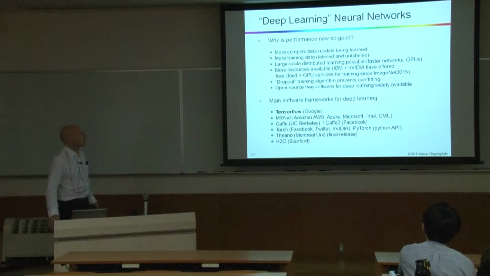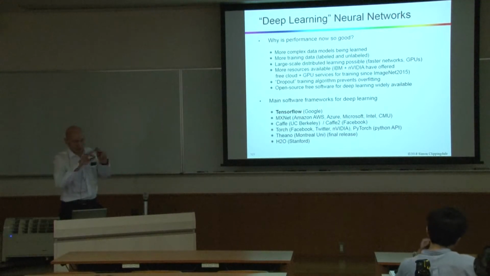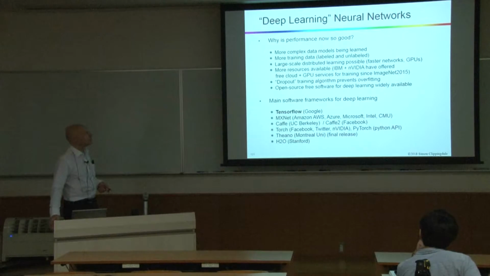So why is the performance of deep learning networks so good all of a sudden? Well, it's firstly more complex data models are being learned. Ultimately, all these neural network models are learning a mapping between some input space and some output space of labels and perhaps locations of bounding boxes in images.